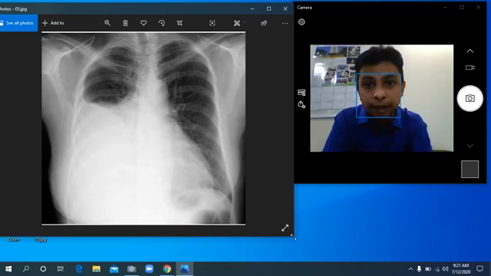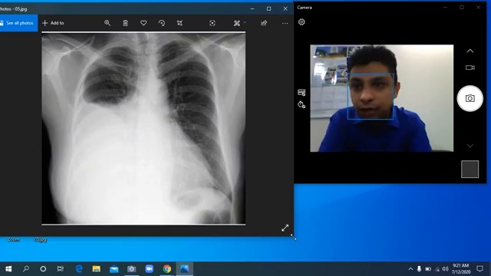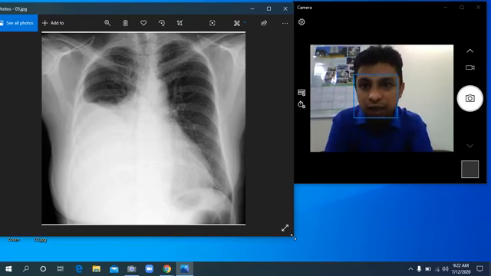And when we see increased blackness in an X-ray, we call it translucency, and that indicates air. So in this X-ray, we can see that there's increased whiteness involving the mid and lower zone of the right lung, and that opacity is homogeneous. It's equal everywhere. And the cardiophrenic and costophrenic angles, which we were looking for, we couldn't find because they were obliterated by the white shadow.